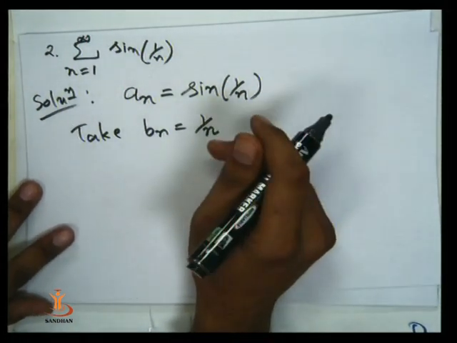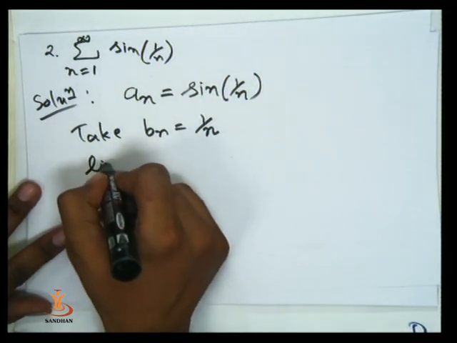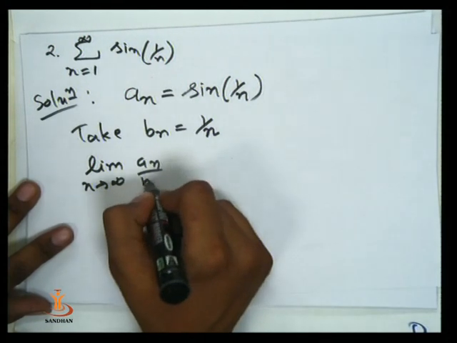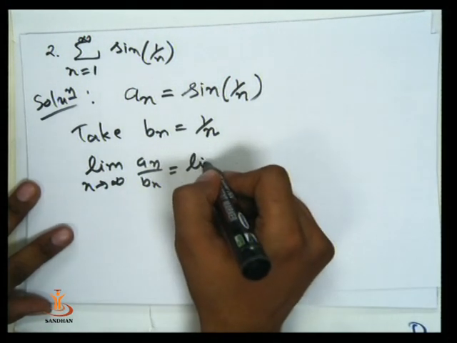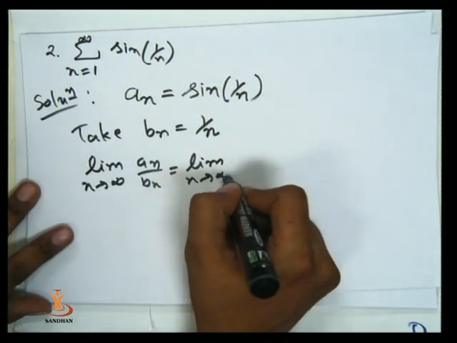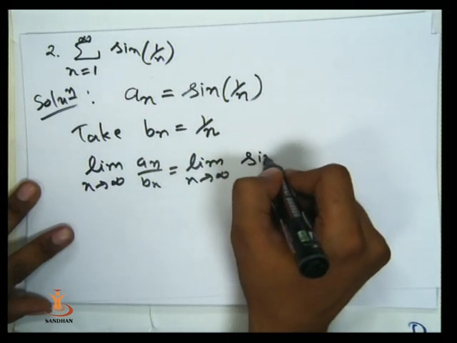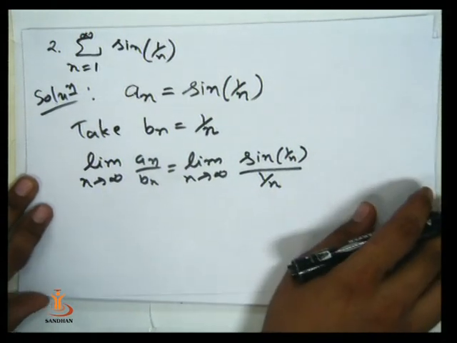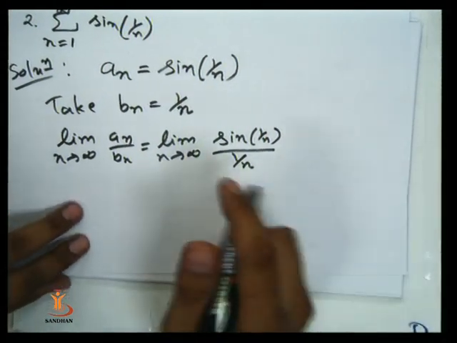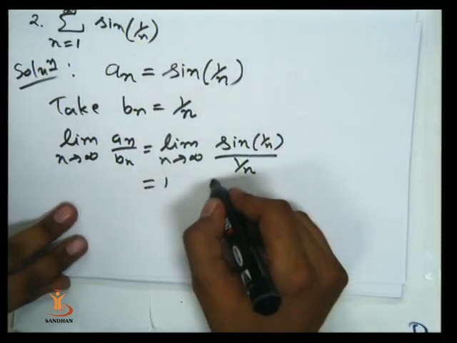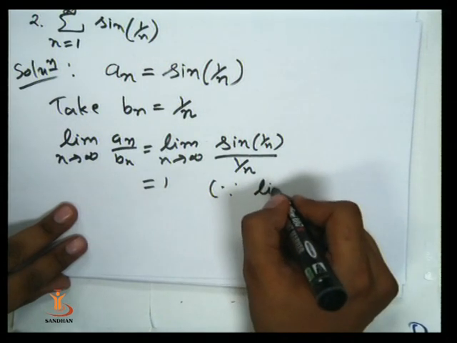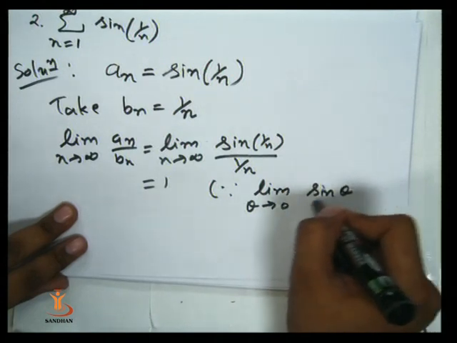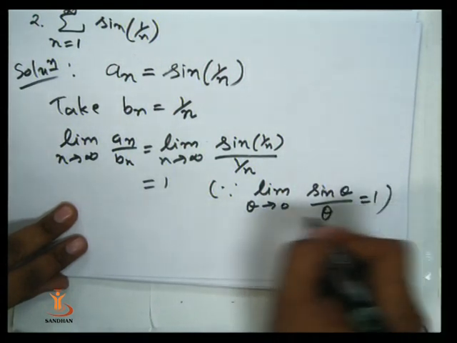Now calculate limit n tends to infinity an upon bn, that is equal to limit n tends to infinity of sine 1 upon n divided by 1 upon n, and that limit is going to be 1 because we have one result that limit theta tends to 0 sine theta upon theta is equal to 1.